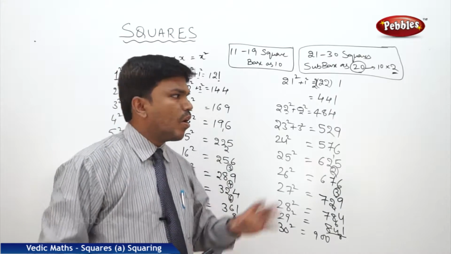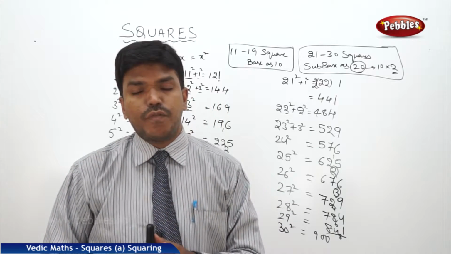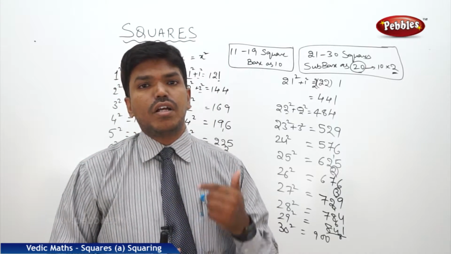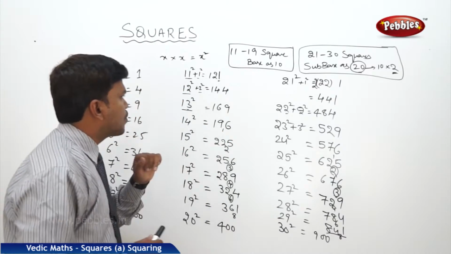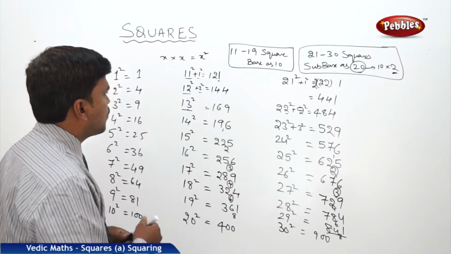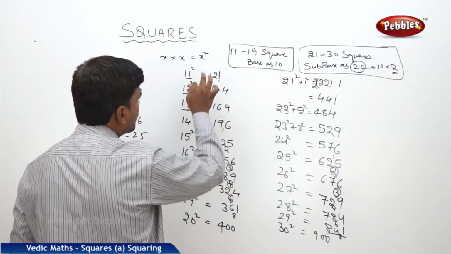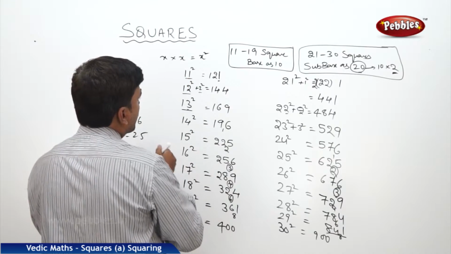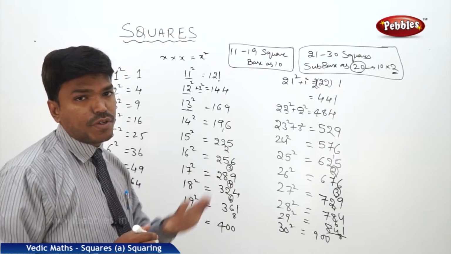Even though we already calculated like this, there are some techniques by which we can easily remember the squares with some logic behind it. For example, if you take 11 square, I will tell you some logics to remember the squares between 11 to 30.